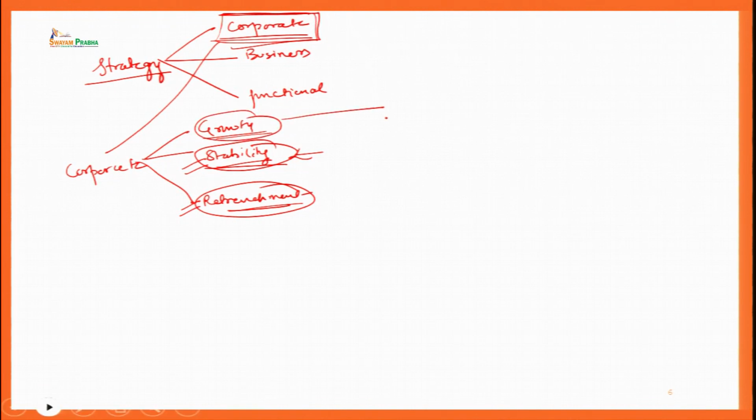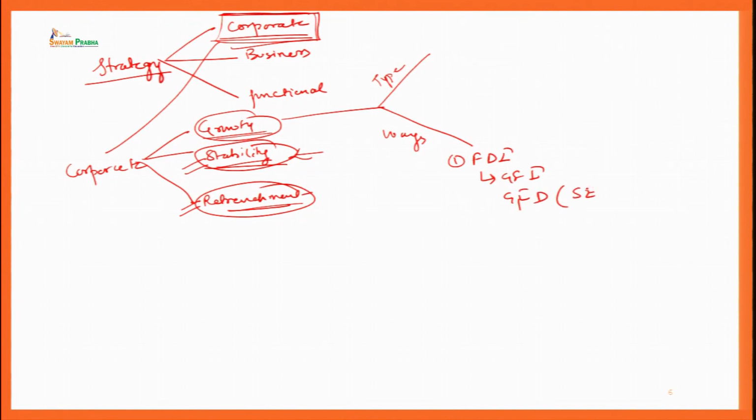Now let's look at the different dimensions of the growth strategy. There are different types of growth and there are different ways of growth. Ways of growth could be through FDI, that is, how you can grow or expand your business internationally. So one is FDI, and FDI is going to be greenfield investment, or greenfield development, that is through special economic zone areas, export processing zone areas or free trade zone areas that we discussed in the previous lectures, or else it could be brownfield investment.